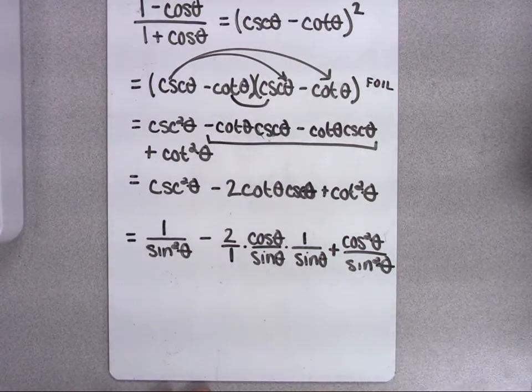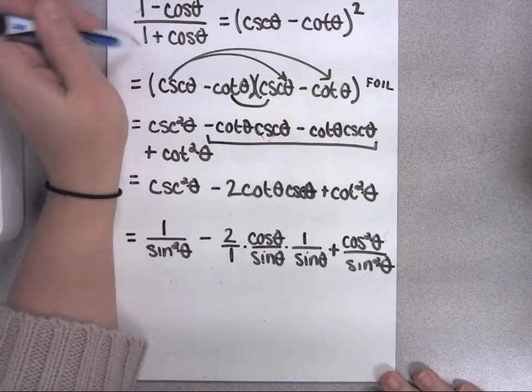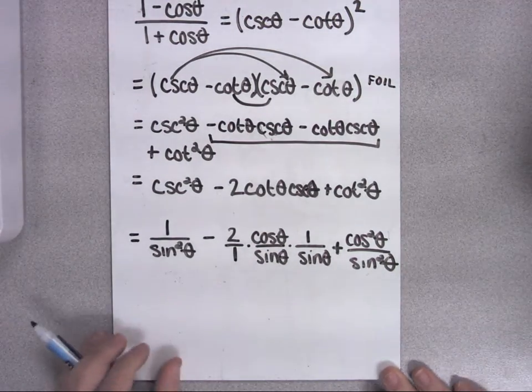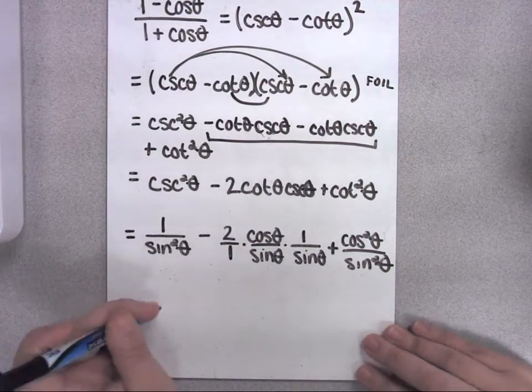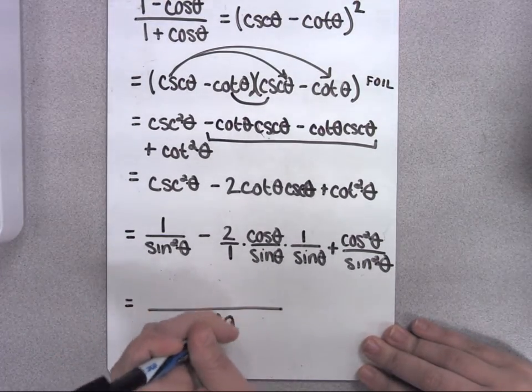Turn them into one big ugly fraction. Because our original problem, our final answer on the left, is one ugly fraction. So you want it to be all over sine squared because they all have sine squared on the bottom. So sine squared of theta is on the bottom.